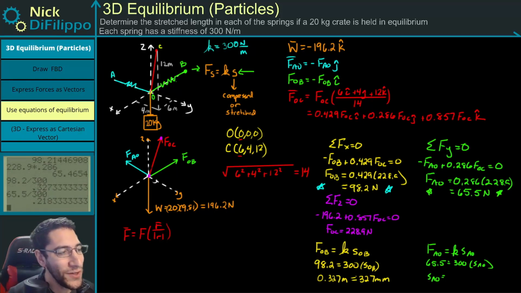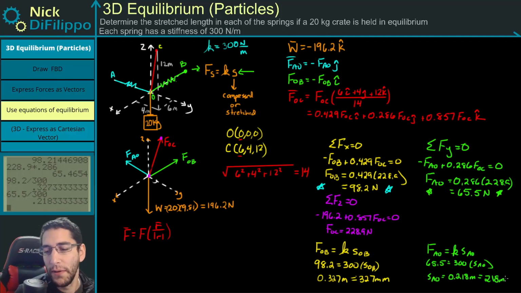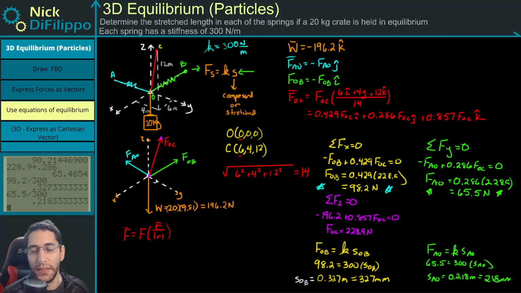And we get 0.218 meters, or you could say this is 218 millimeters. So let me write this. This s_OB is equal to that.